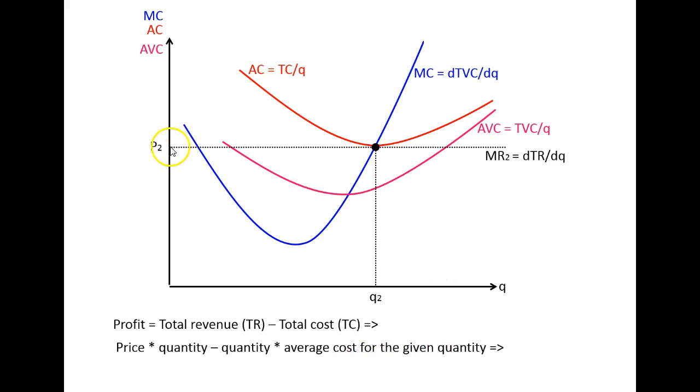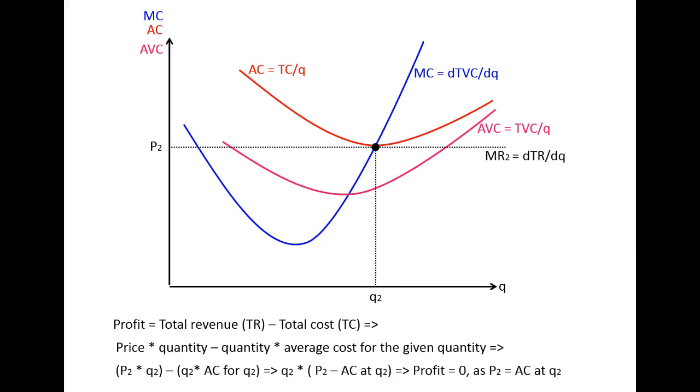Price times quantity, that's P2 times Q2, that's this rectangle here, and quantity times the average cost for the given quantity. There's the average cost, there's the quantity, so that will become that rectangle, which is identical to the first one.